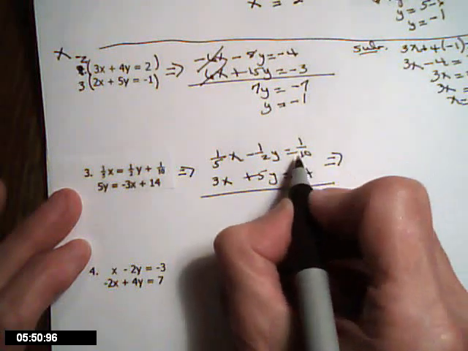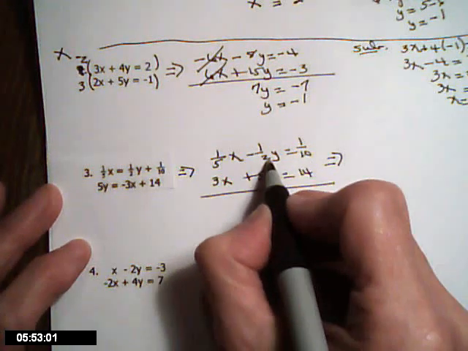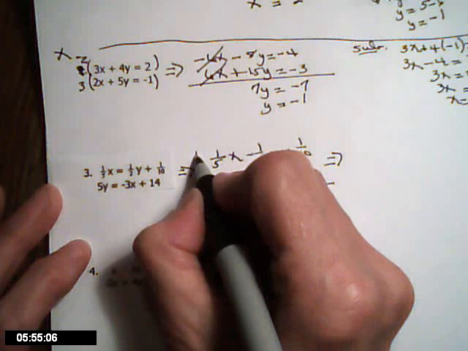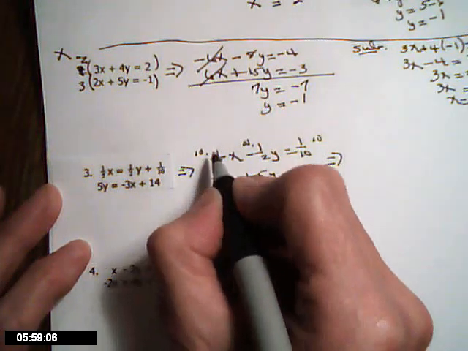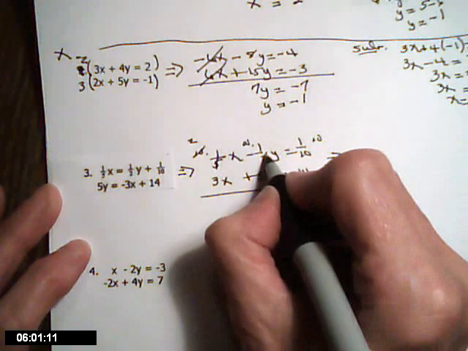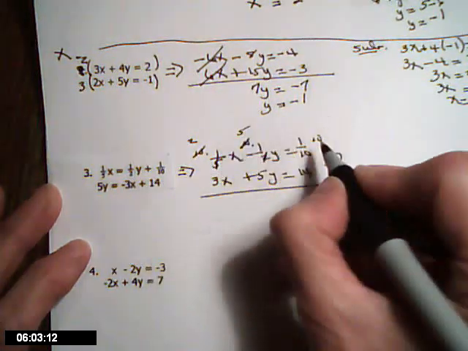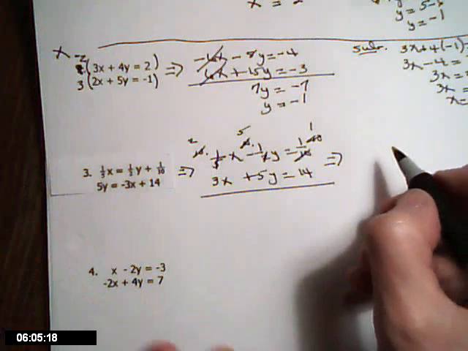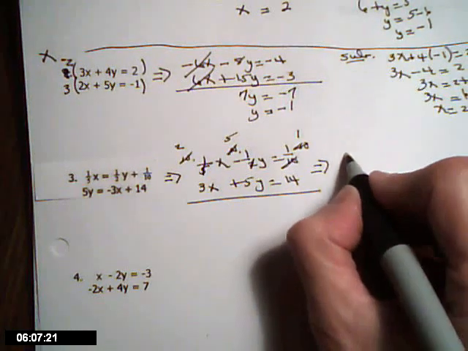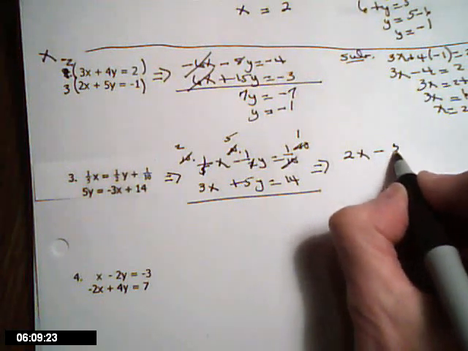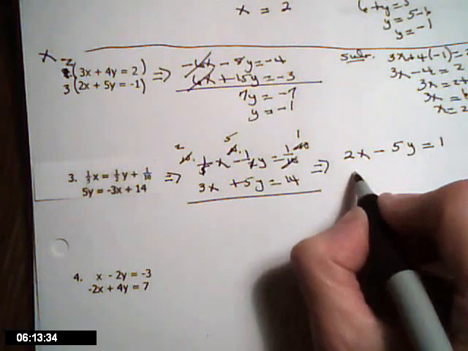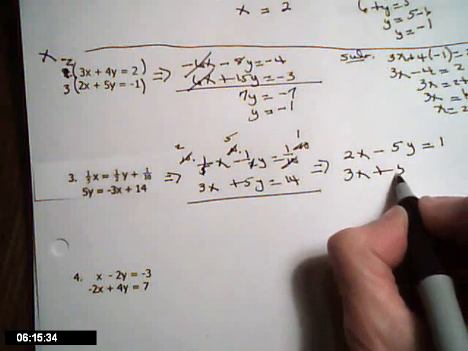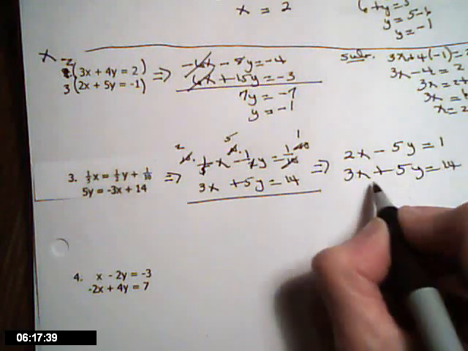Now I've got x, y, number, x, y, number. Now, I need to get rid of the fractions. I have a 5, a 2, and a 10, so my common denominator would be 10. I'm going to multiply across by 10. 5 divides into 10 2 times. 2 into 10 is 5 times. 10 into 10 is 1 time. Now let's multiply. That will be 2x minus 5y equals 1, and bring over 3x plus 5y equals 14.